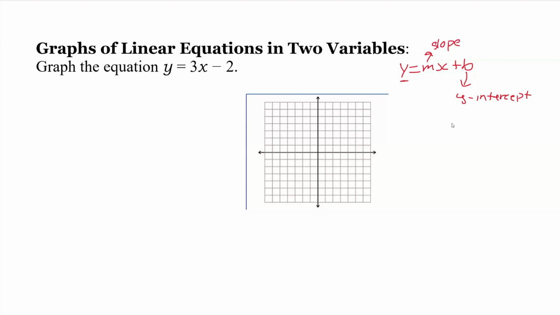That's when y is isolated. So in this case, m is equal to 3, and the y-intercept is equal to -2. So that means -2 is a point on the xy plane.